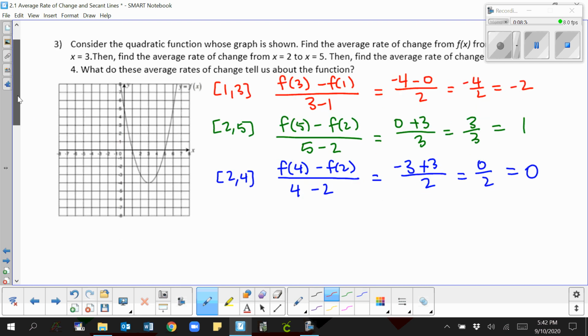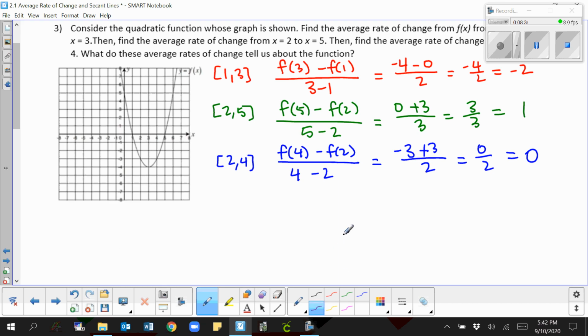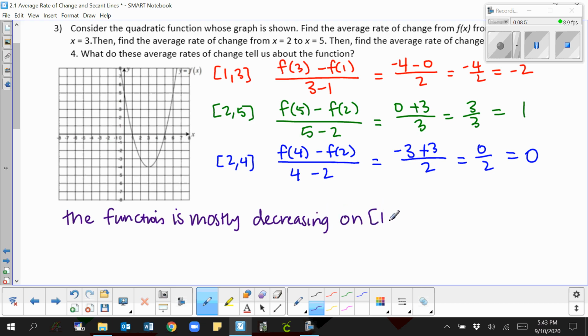So what I'm going to say is that the graph is mostly decreasing, or sorry, let's say function instead of graph. I keep making that mistake. The function is mostly decreasing on our interval 1 to 3.